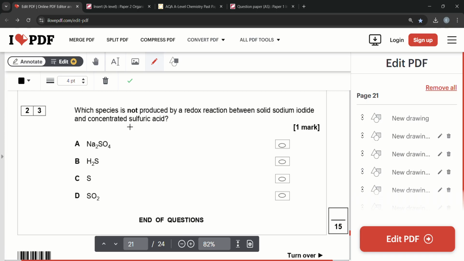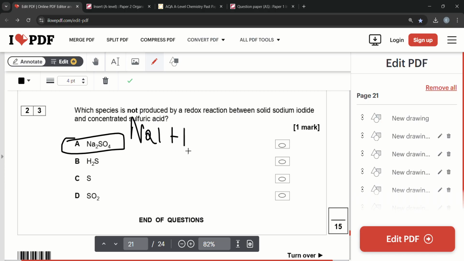Let me go through my textbook and write down the equation, just so we can see how, if we knew the equation, it'd be a very easy question. Wow, there are 3 parts to the equation. Between solid sodium iodide and concentrated sulfuric acid, the one that you don't form is actually Na2SO4.